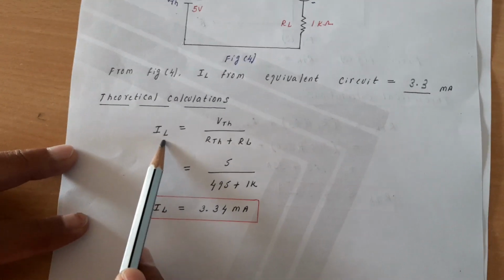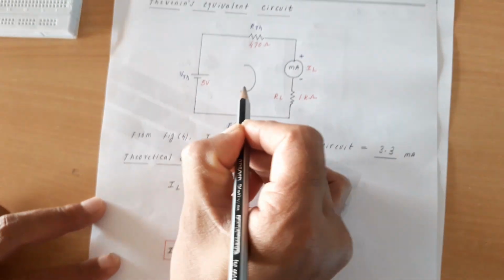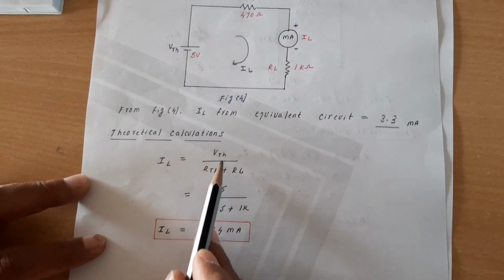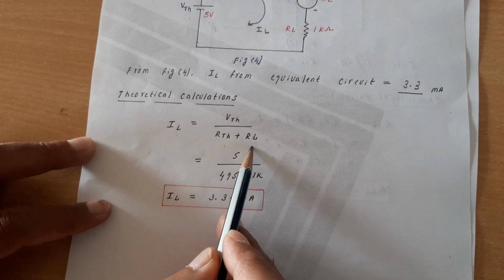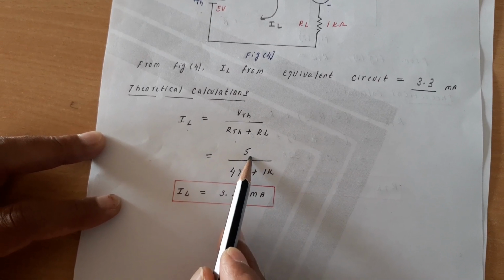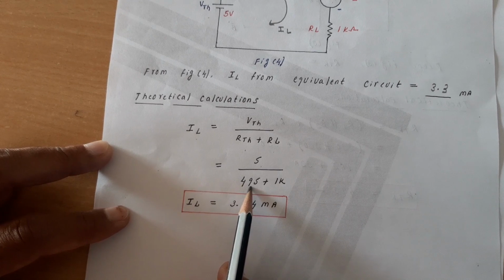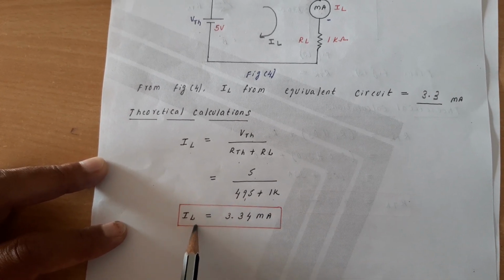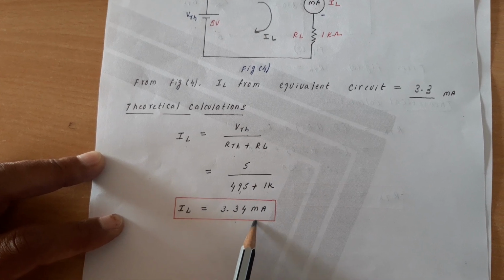IL, that is load current, can be calculated as VTH divided by RTH plus RL. VTH 5 volts, RTH 495 theoretically, and RL 1 kilo ohm, and IL I have got is 3.34 milliamperes.